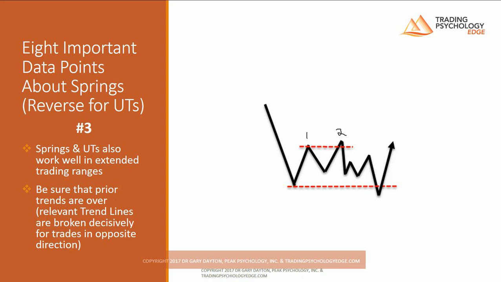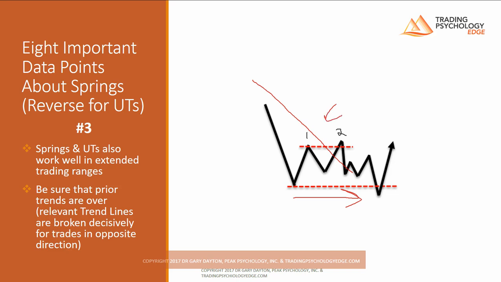I don't know where one would be here in this conceptual, but let's just say that the downtrend line was something like that. So now it's been broken, right? And you can feel more comfortable in taking a spring. So you want the trading range to be extended before you take a spring, and you want that downtrend line to be broken.